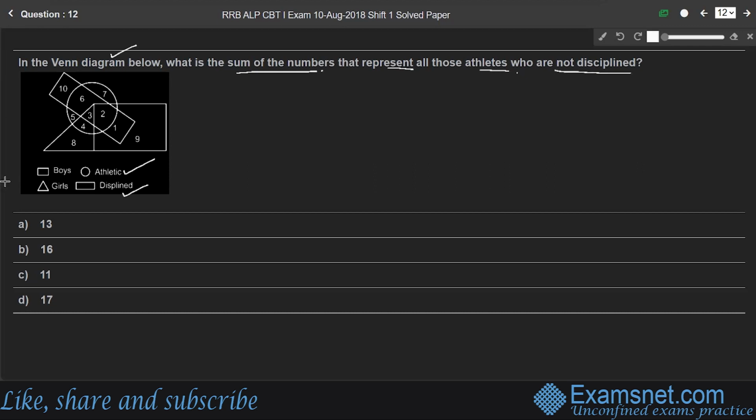So the athletes who are not disciplined are the numbers which are not inside the rectangular portion, which indicates disciplined.